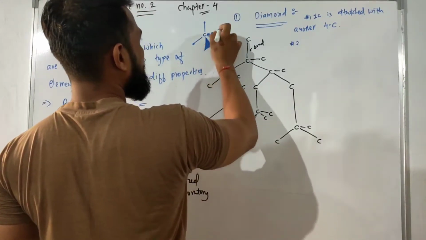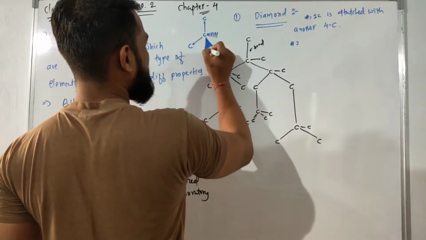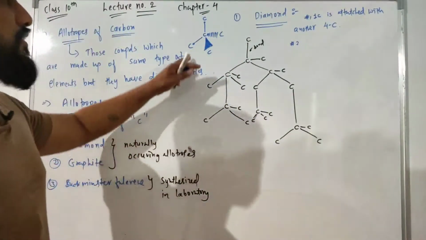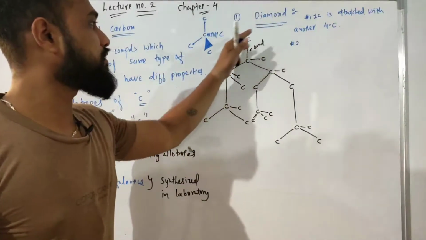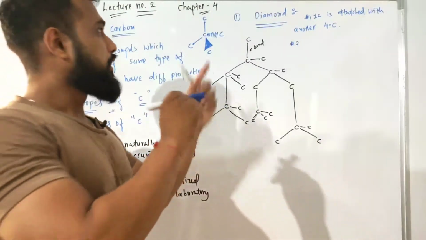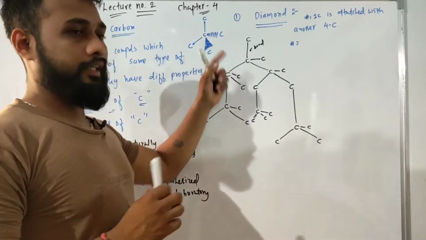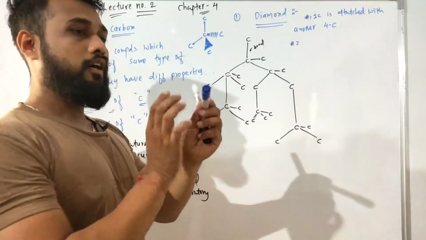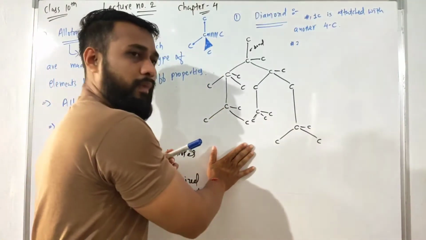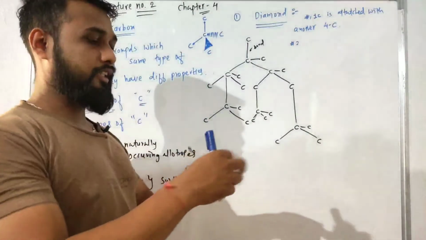Now these are the 3D structure. If we take carbon, carbon, carbon, carbon, this is like a 3D structure. If I take this only, this colored bond we can take as above the plane. If this is a plane, this is above the plane and this is below the plane like this.